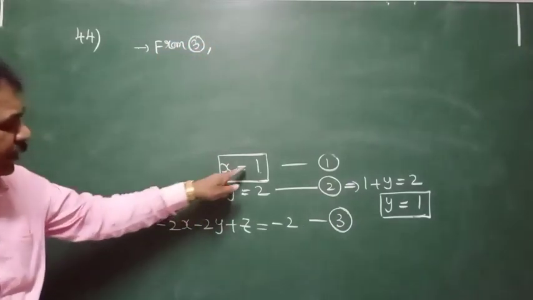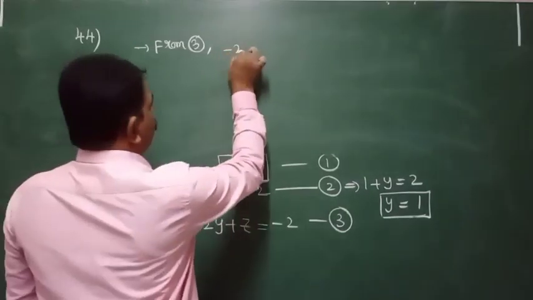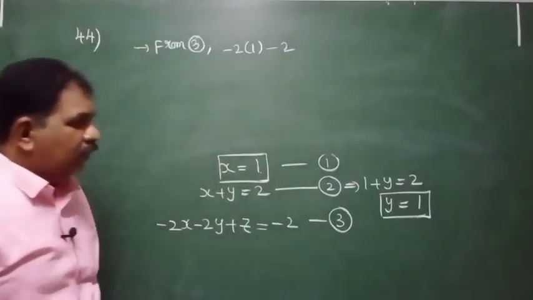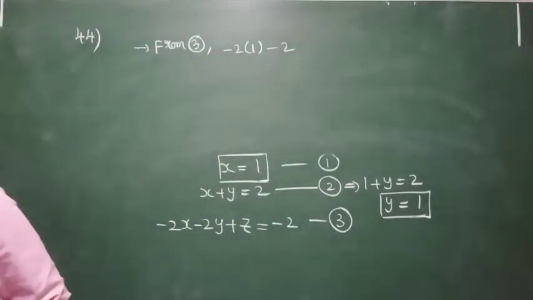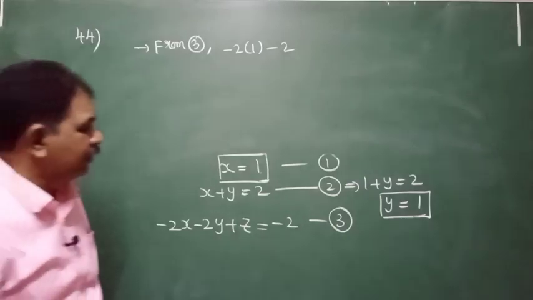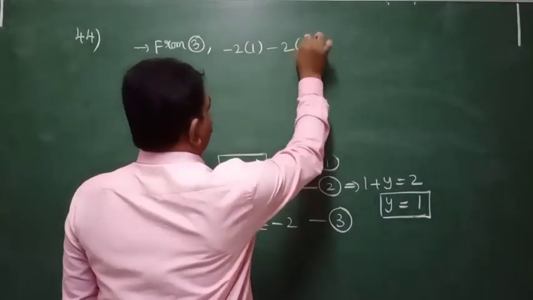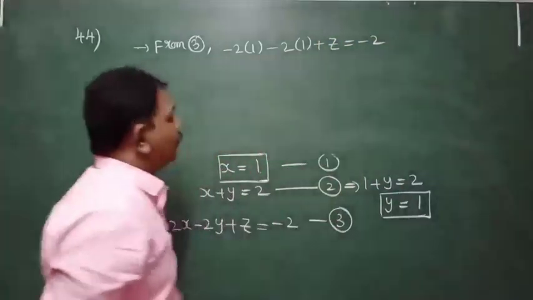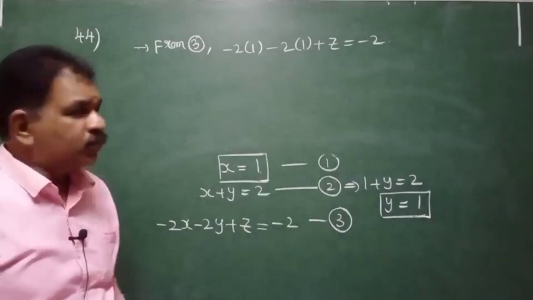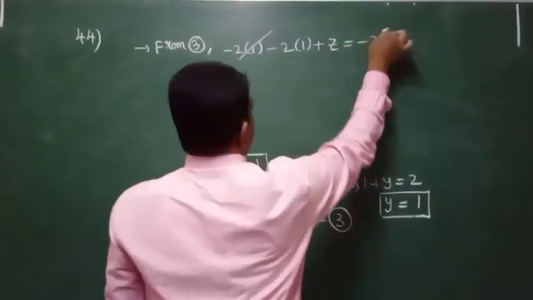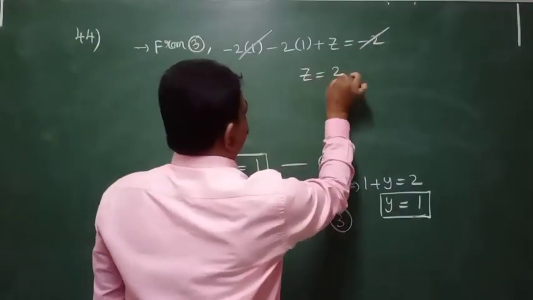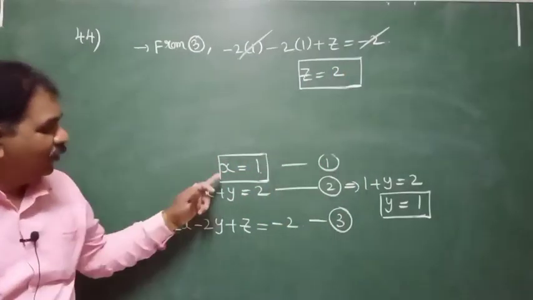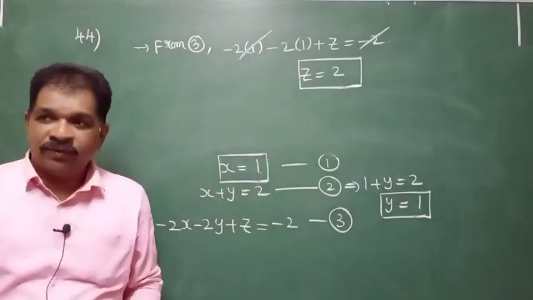X value is 1. Minus 2 into 1, minus 2 into y value, that is also 1. Minus 2 into 1 plus z is equal to minus 2. Minus 2 on both sides will cancel. Then z is equal to 2. Okay. We got x, y, z values.